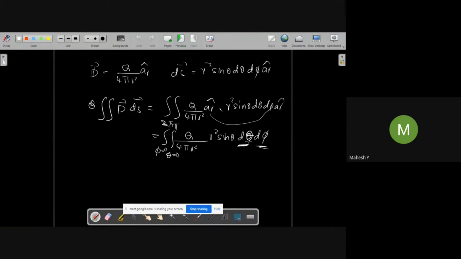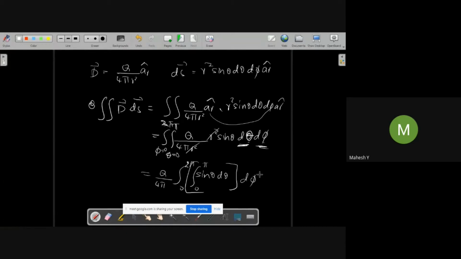Since d theta and d phi are the variables, I can consider r squared as a constant and cancel it. So whatever is left is Q by 4 pi. You have to first integrate from 0 to pi with respect to theta, that will be sin theta d theta. Integrate first from 0 to pi, and d phi you have to do separately.